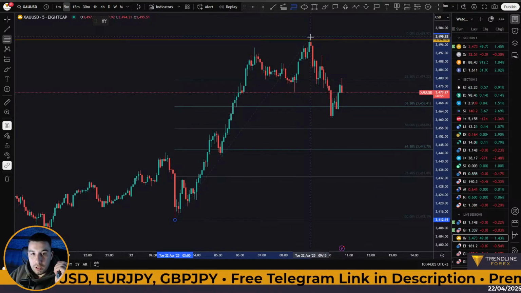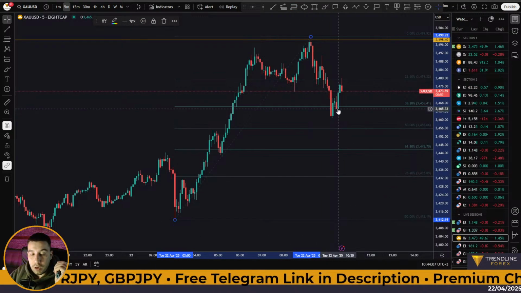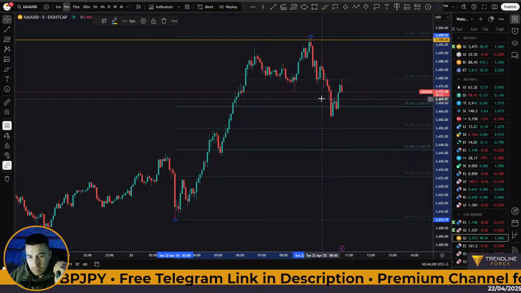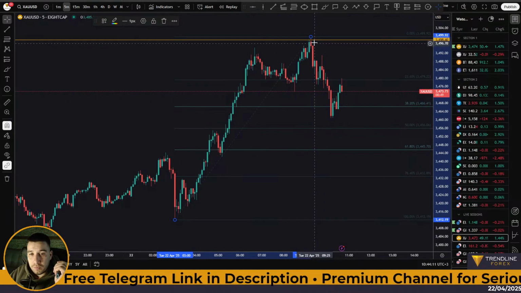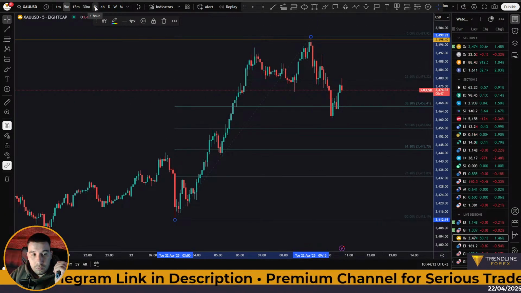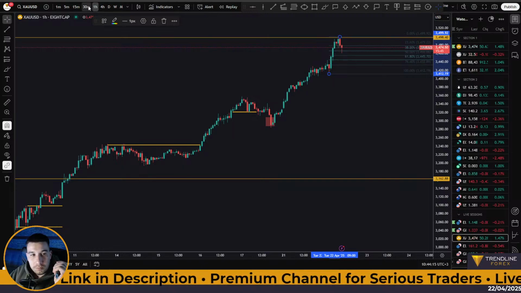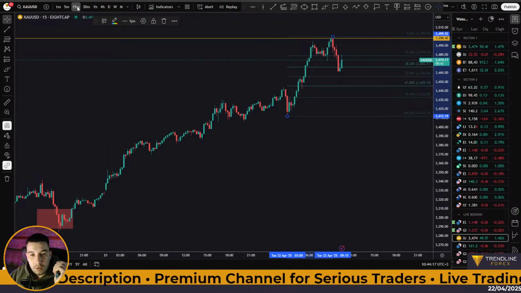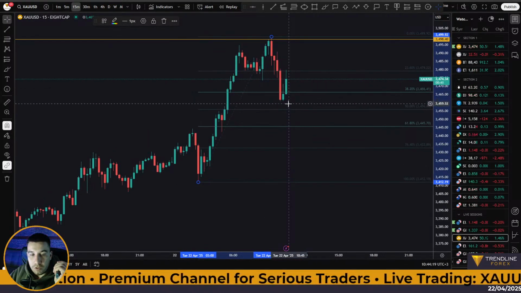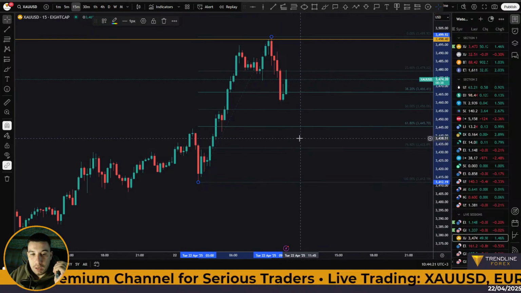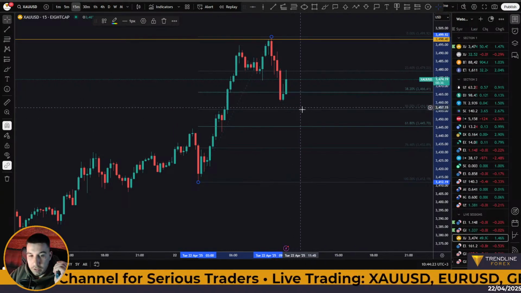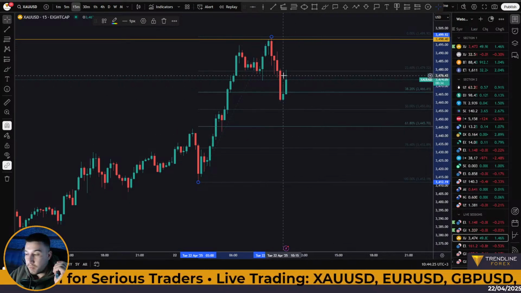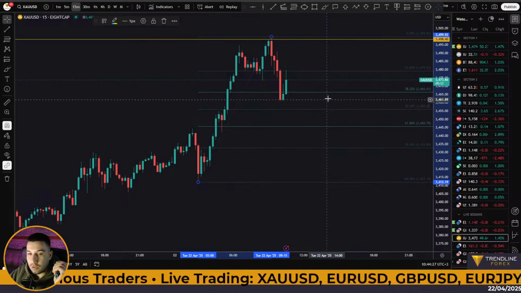Now, if I look at this most recent move, we are reacting at a 38.2. But for me, I wanted to see kind of a deeper pullback. So I'm still expecting to see a little bit more of a bearish price action here on gold.